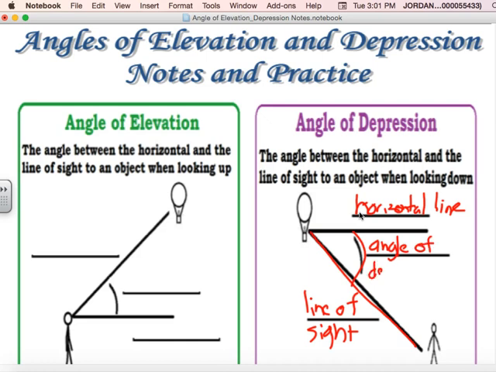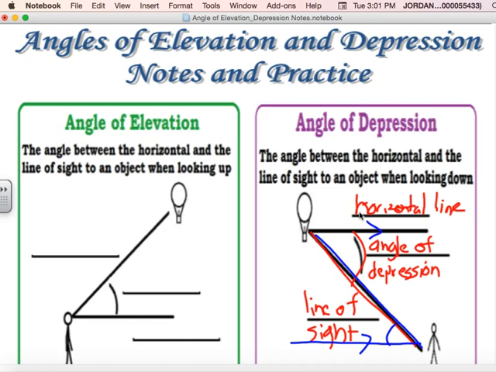Now, something that's pretty cool is that the person on the ground looking up at the hot air balloon is making an angle of elevation, right? And that angle is going to be the same as the angle of depression because these two lines are parallel.